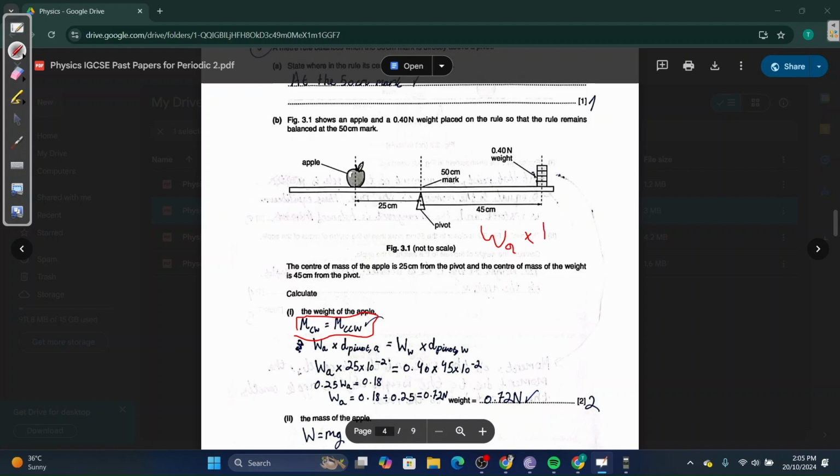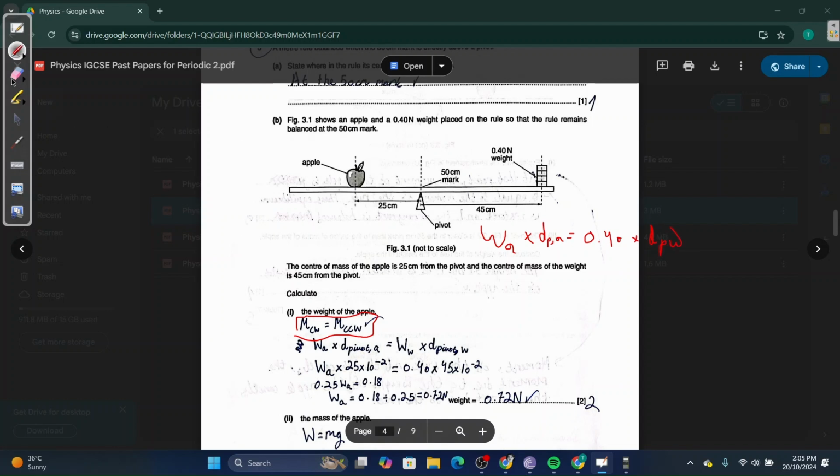So I'll just write d_PA is equal to the weight of this, so 0.40, times the distance between the pivot and the weight, so d_PW.